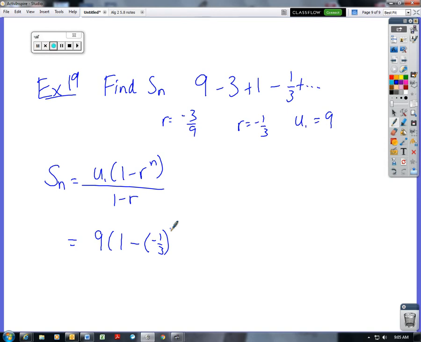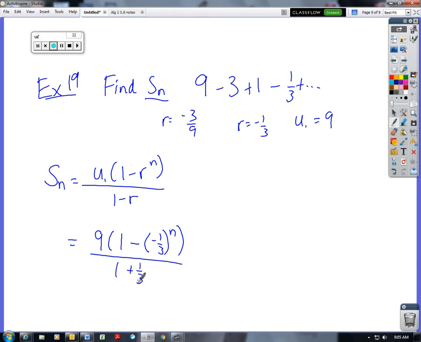Oh, you know what we're doing here, we're just going to come up with a formula. For a minute there I'm like, well, what's n? Well, they don't tell you. So since it's just S sub n, they just want a formula in terms of n. Okay, 1 minus that, and then all over 1 minus -1/3.